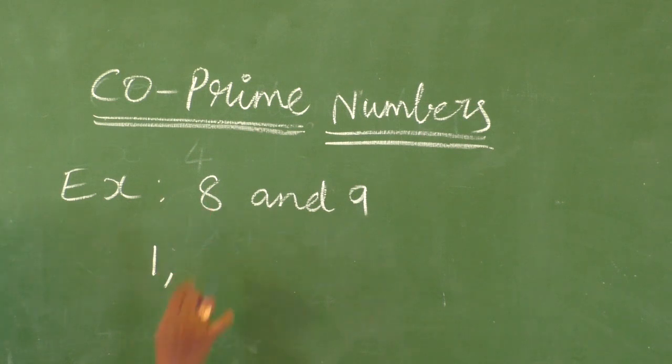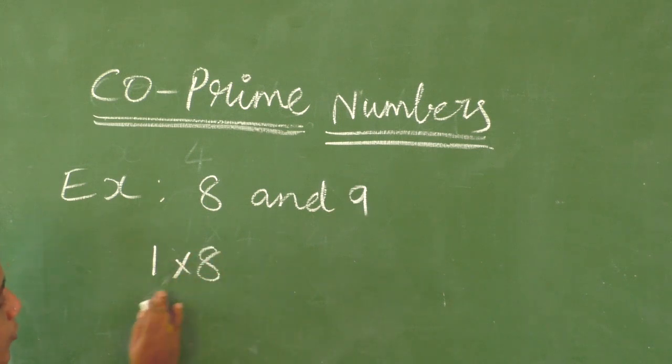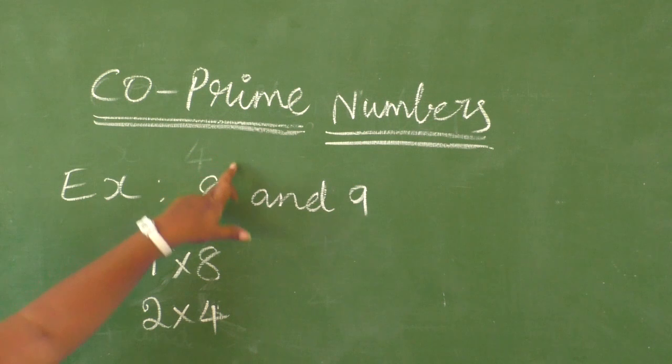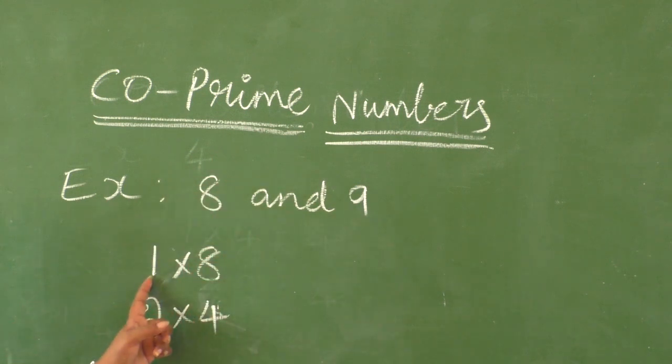Then 2 also will come, no? 1 8 is 8, then 2 4s are 8. Any other factors for 8? No. 1 table, 2 table, 4 table, 8th table.